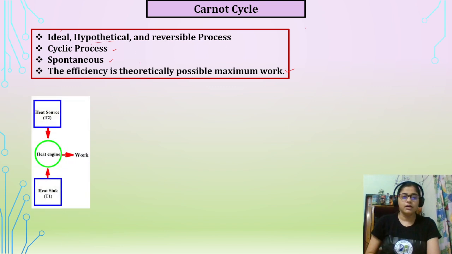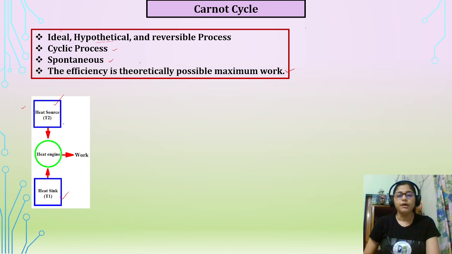Now the diagram of Carnot cycle, how it actually works. So this is a heat source, which has a higher temperature, where heat is coming to the heat engine from, and this is the heat sink, where the heat engine releases some heat. That is the heat engine.